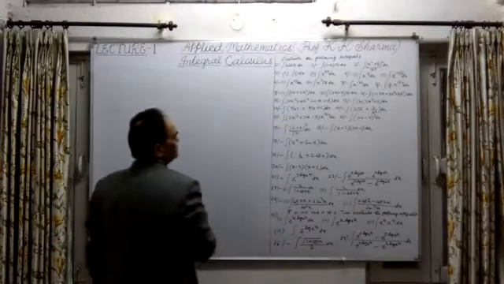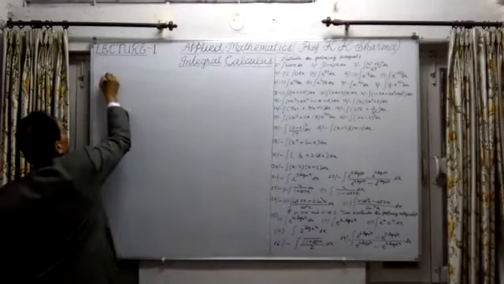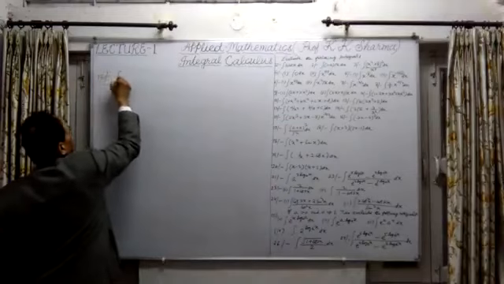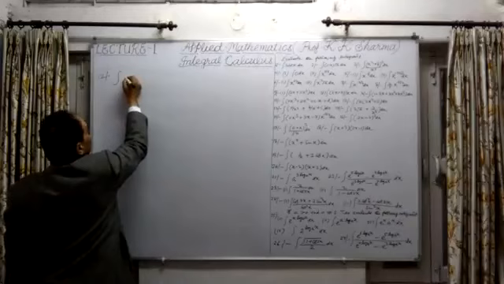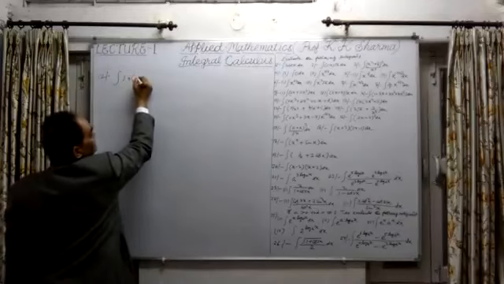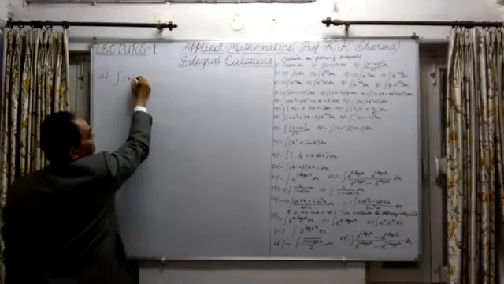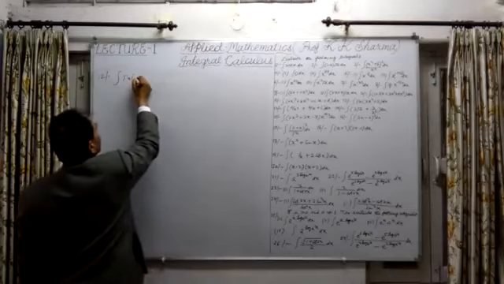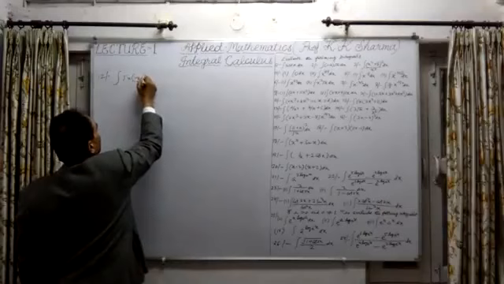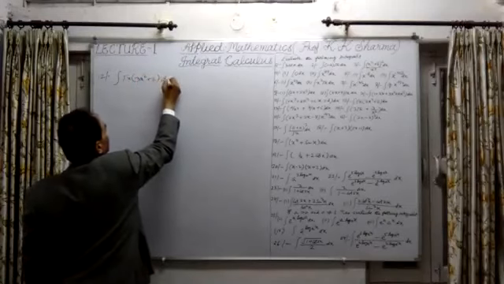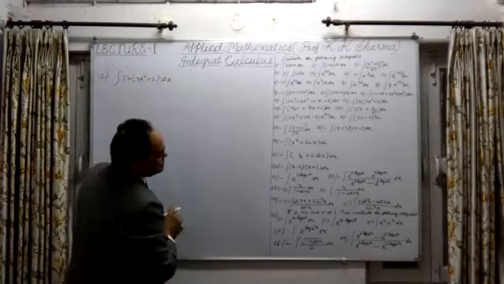Now the 12th question, let me write here. Question number 12 is the integration of under root x in brackets, 3x squared plus 2, into dx. Okay, so in this case we have to multiply.